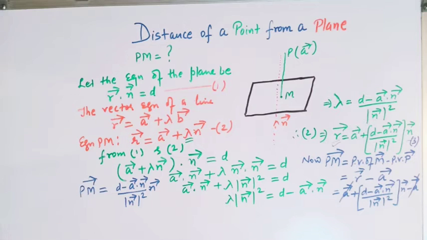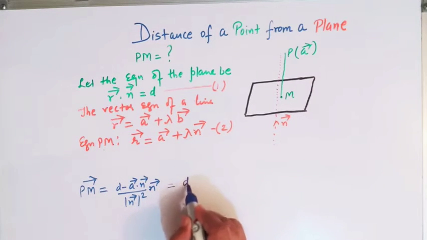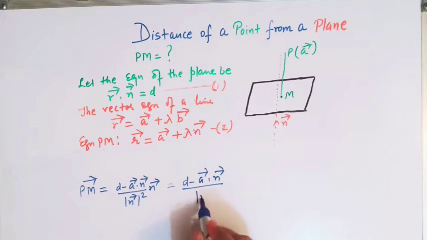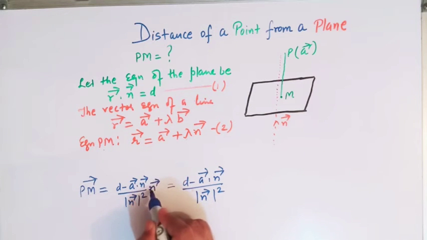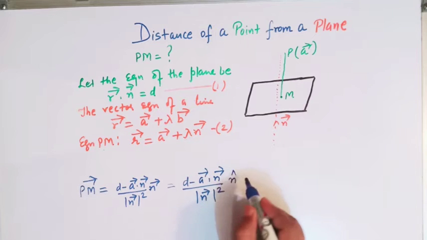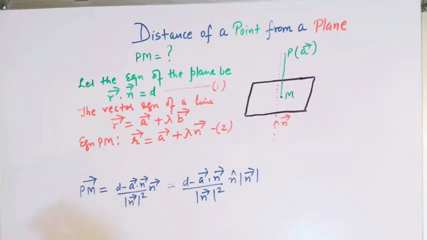Now vector n can be written as n cap times the magnitude of vector n.